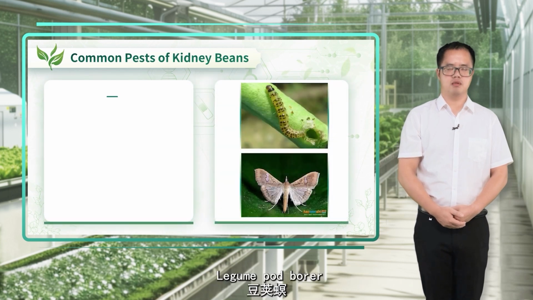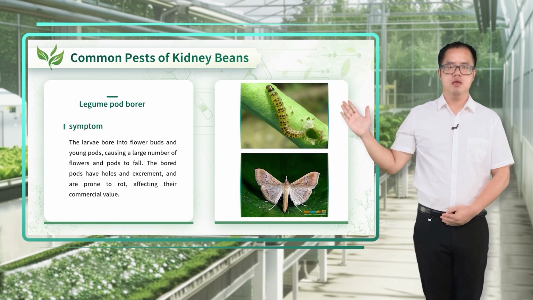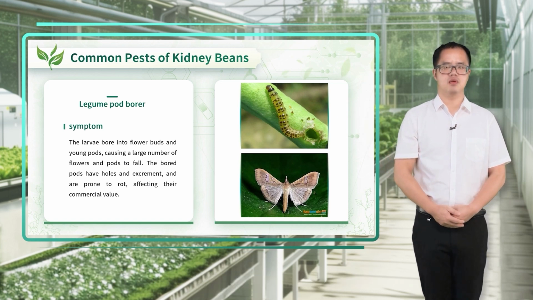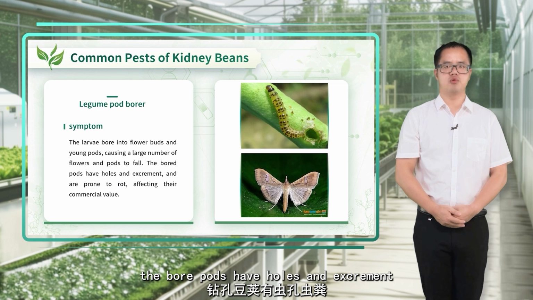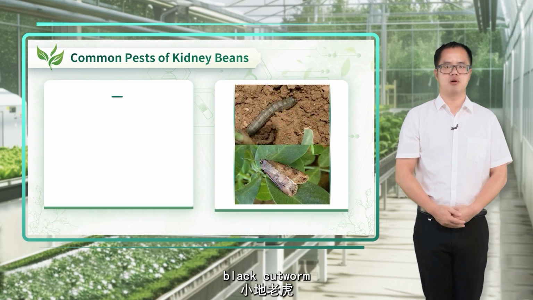Legume pod borer. The larvae bore into flower buds and young pods, causing a large number of flowers and pods to fall. The bored pods have holes and excrement and are prone to rot, affecting their commercial value. Black cutworm.